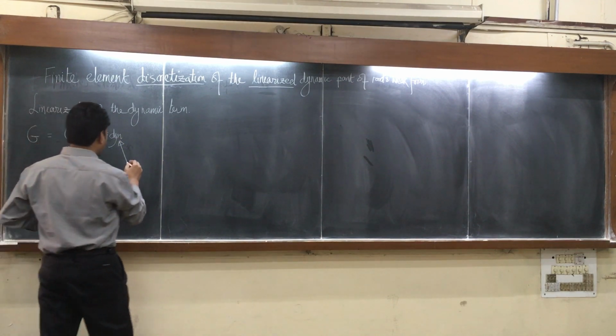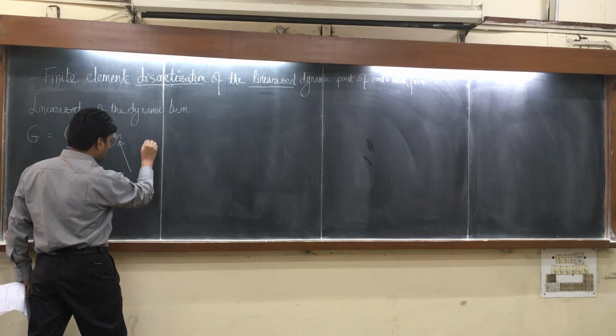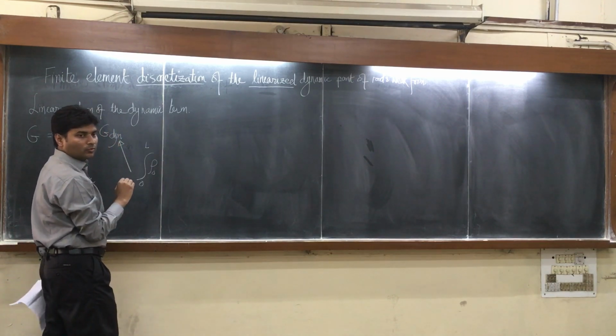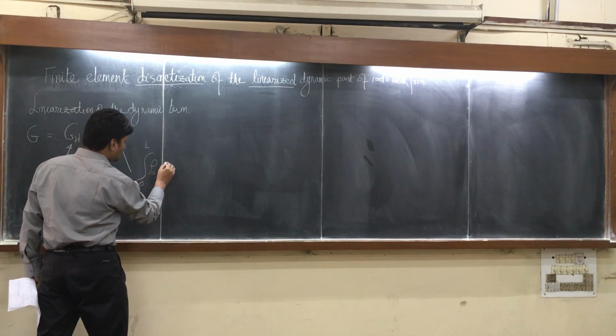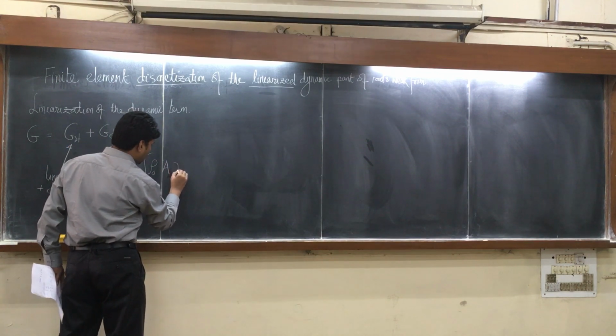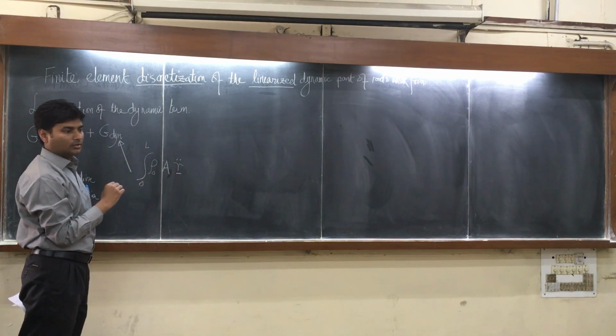And you might recall that this term is actually integral from 0 to L rho naught, which is the density of the rod, times the cross-sectional area A times R double dot, which is the acceleration of the center line.